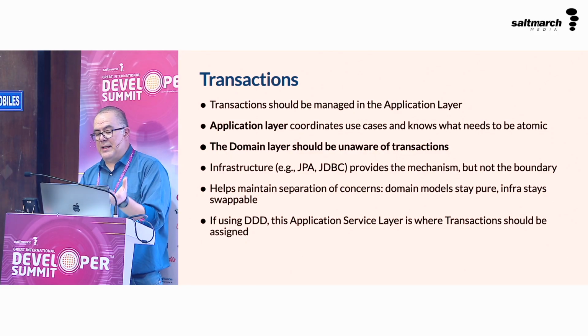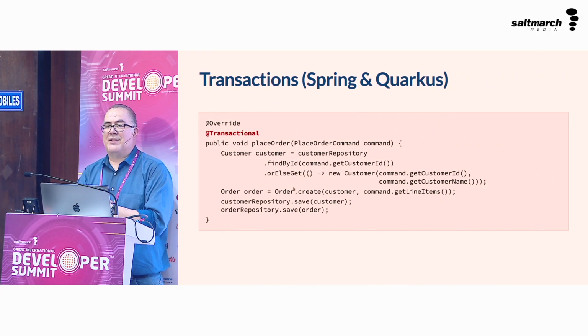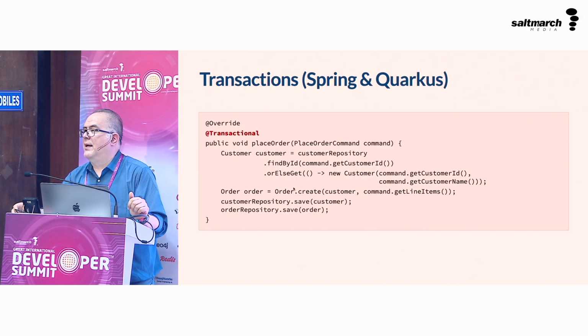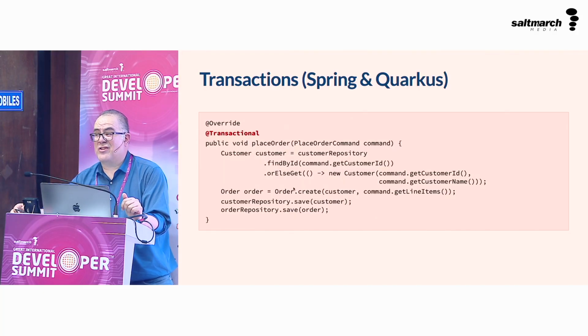So if using DDD, the application service is where the transactions should be assigned. Now, I think many of you have done this, correct? @Transactional, where do you put that? Well, typically it's on the service.